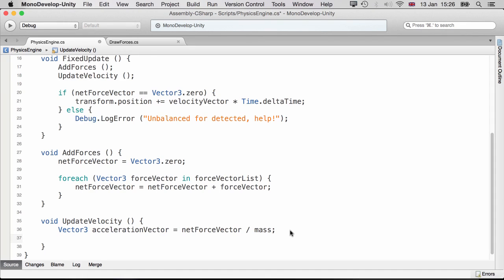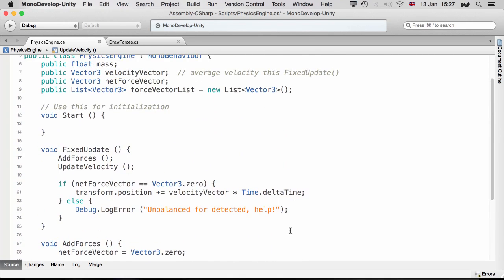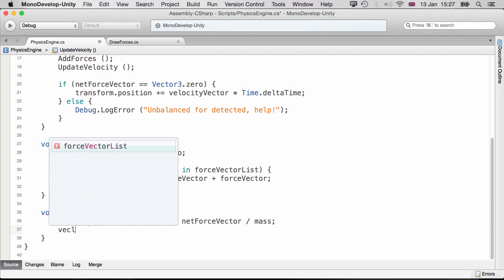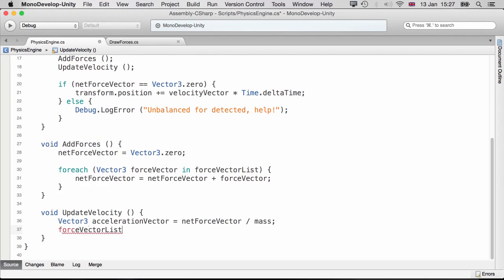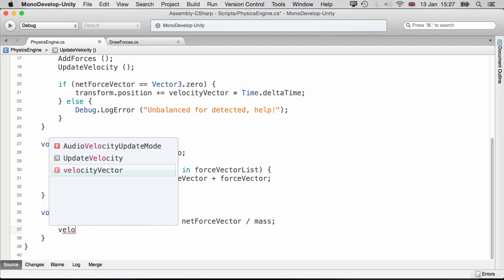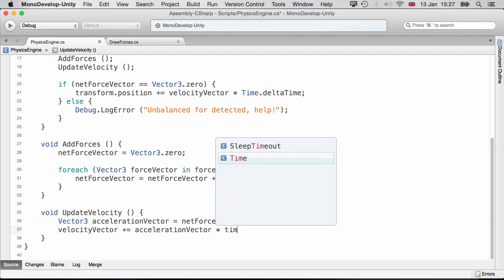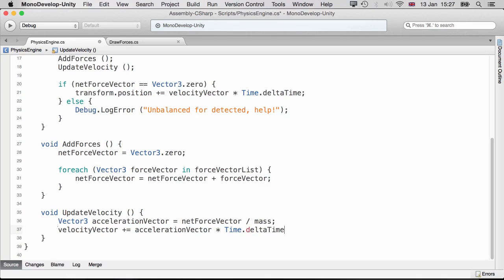How do we change the velocity? Well, that's relatively simple as well. What's the velocity called? Velocity vector. So velocity vector plus equals acceleration vector, but times Time.deltaTime.